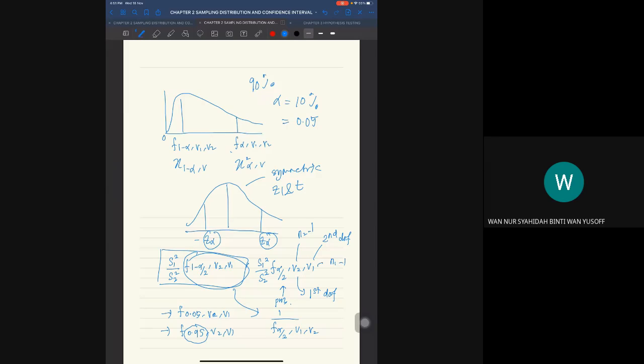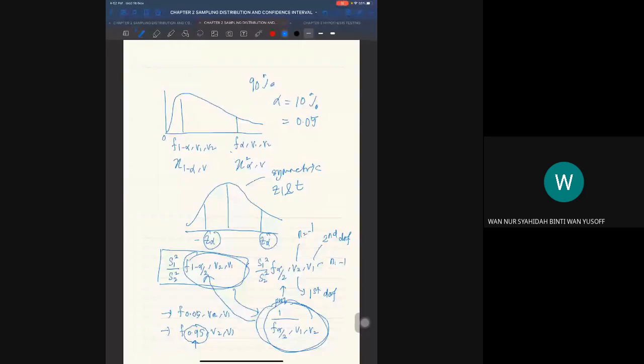That's the reason we use this formula, because of the limitation of our statistical table. If you use software, that is another story, you can find it directly. But because we are using statistical tables, this value does not exist, so that's why we use this one.